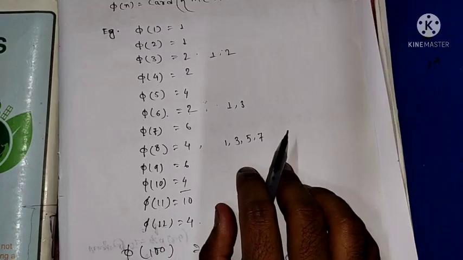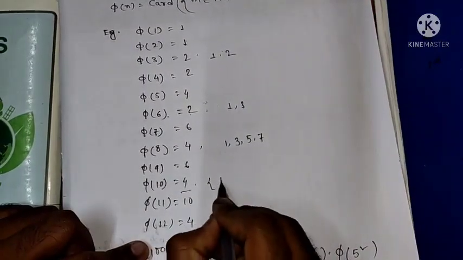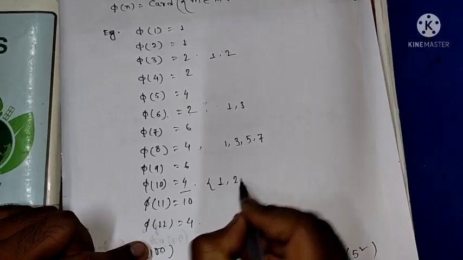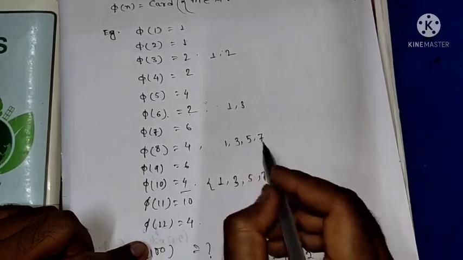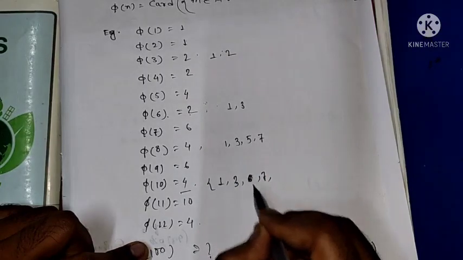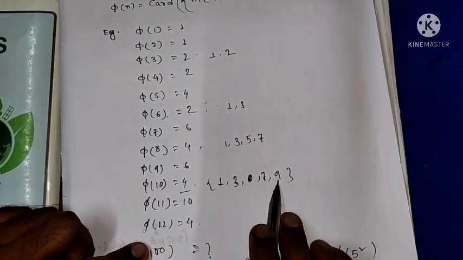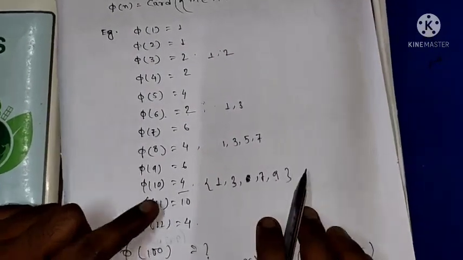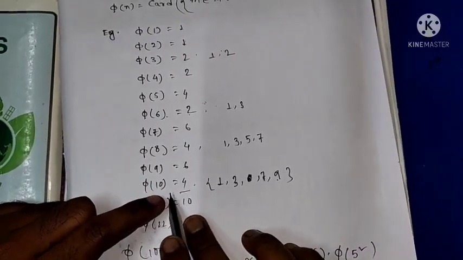There are 4 numbers, and the numbers are 1, 3, 7 and 9. Okay, so there are 4 numbers which are co-prime with 10 and less than 10.